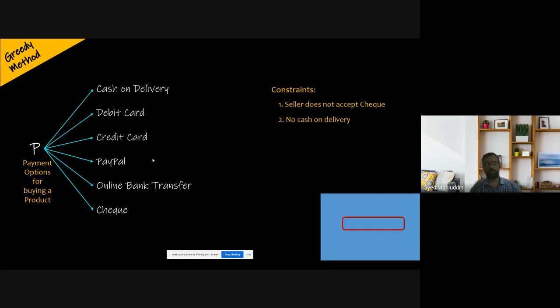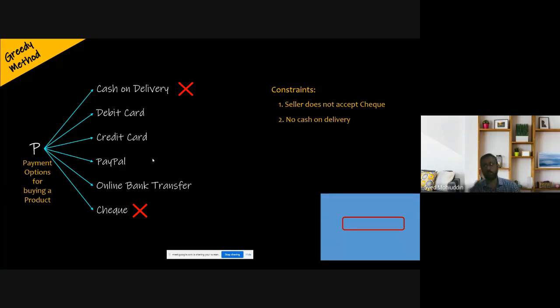So what happens now? Among these solutions, cash on delivery cannot be exercised. Check cannot be exercised. So there is no way we can use these two solutions to make a payment.